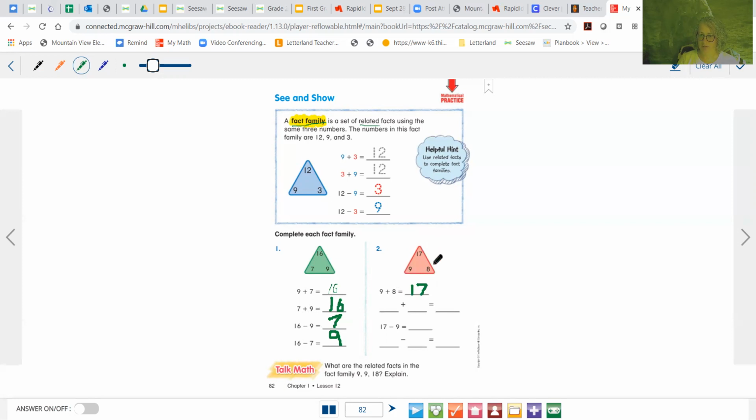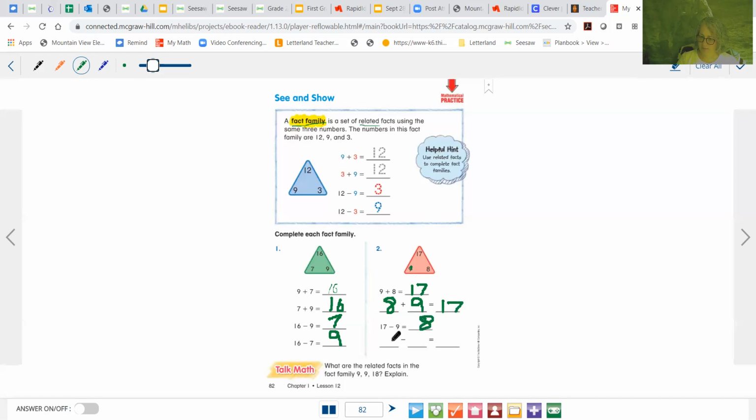So this time we're going to go backwards and do 8 plus 9, because we know that the sum is always going to be that largest number of all three, which is 17 in this one. So now we're going to do subtraction. 17 minus 9 equals 8 that's left over there.